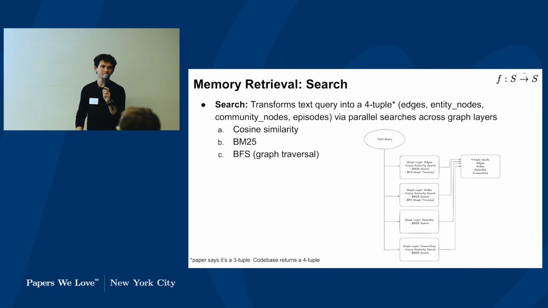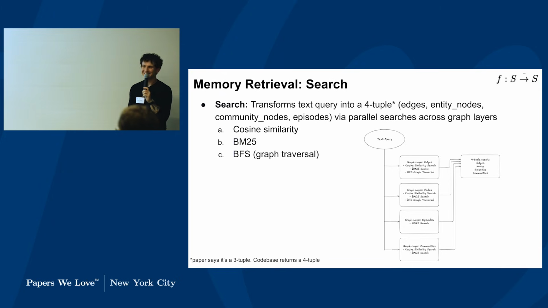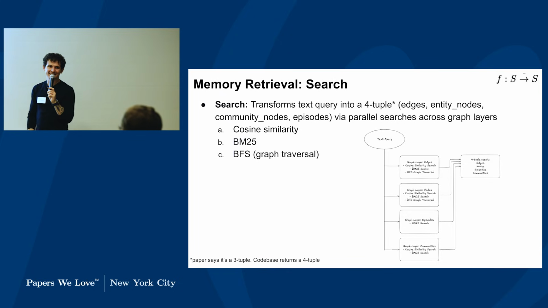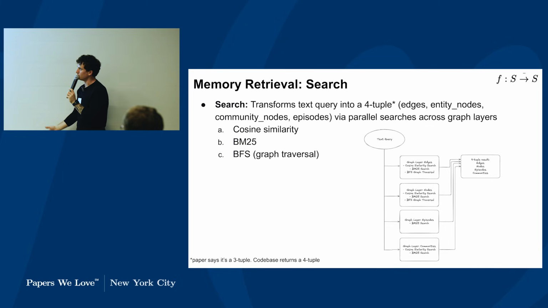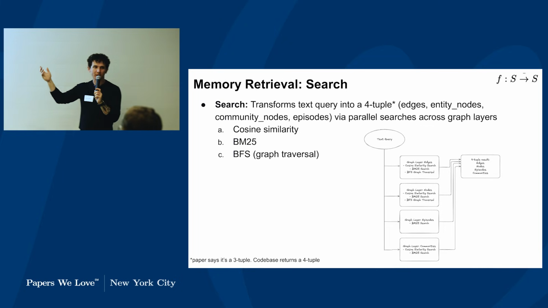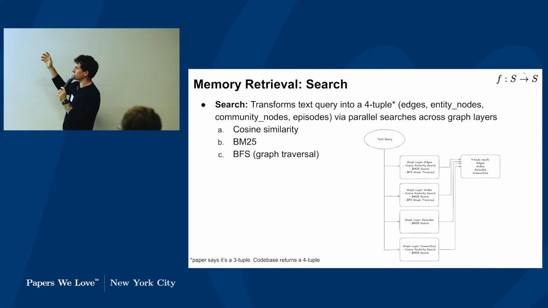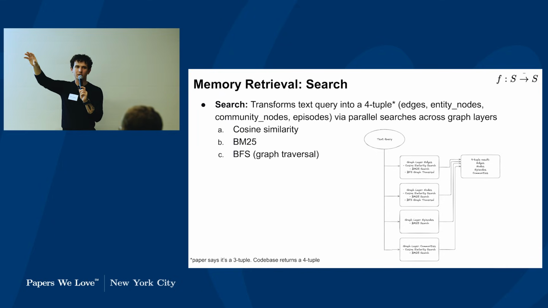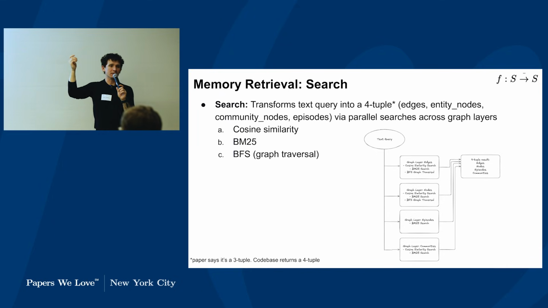For those who don't know, what is BM25? Honestly, I am not in this space. As I understand it, BM25 is just plain text search. And then cosine similarity is vector search. So we embed whatever we're searching for into vector space. We have vectors that are in vector space, and then we can query the vector space for semantic similarity.